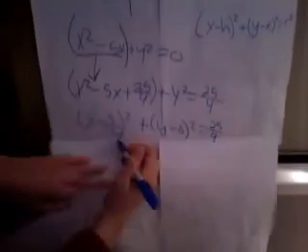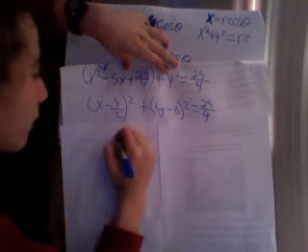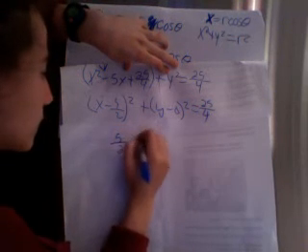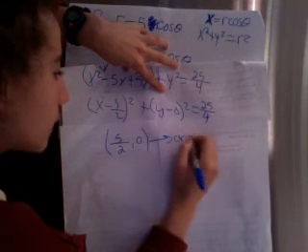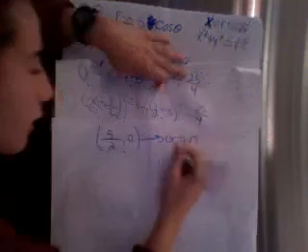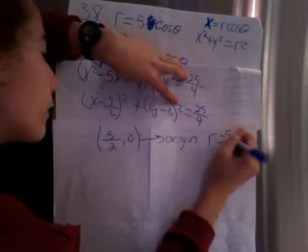So now we can extrapolate the information we have from this equation and deduce that, okay, we can say that (5 halves, 0) is our center, and our r is the square root of 25/4, or 5 halves.